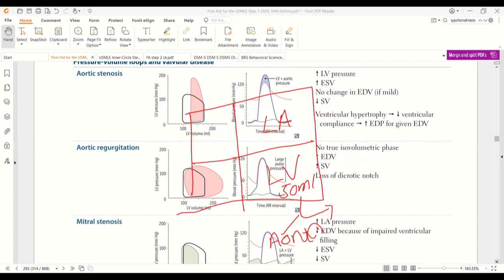I'll give you the concept. What happens in regurgitation? The aortic regurgitation takes place here. It's not 50 ml.